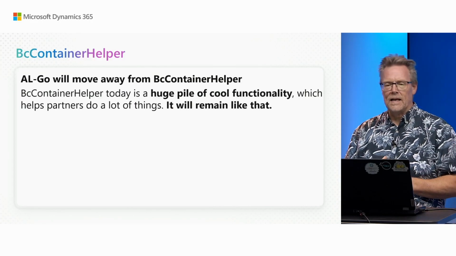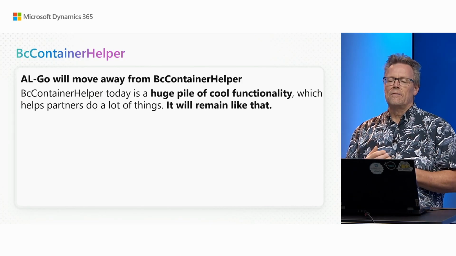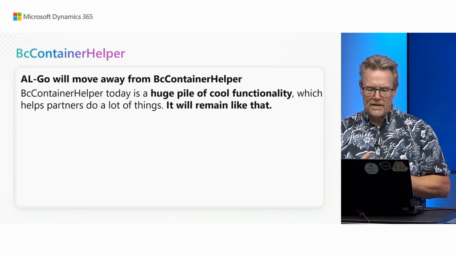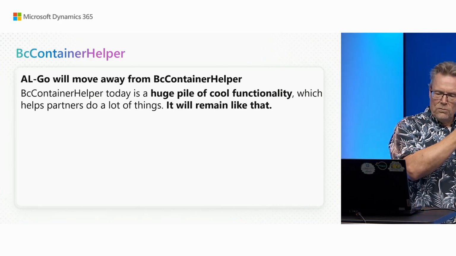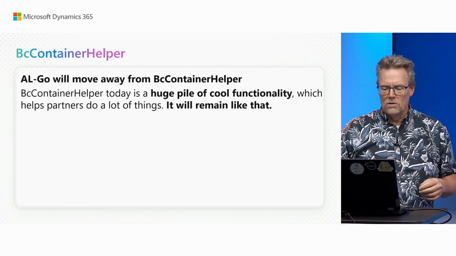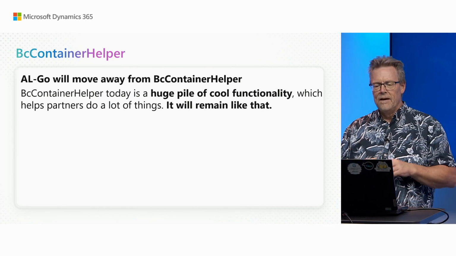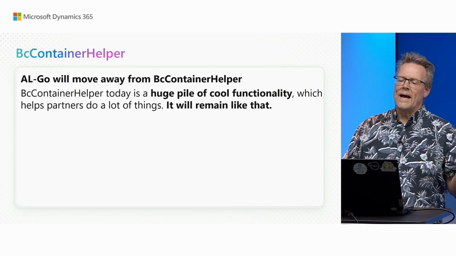So BC Container Helper today is just a huge pile of cool functionality really that helps partners do a lot of things, and it can help you do C/AL code to AL code transformation. It can help you spin up containers with NAV 2015. It can help you do all kinds of things. What we decided was to leave it like that. BC Container Helper will not go away.